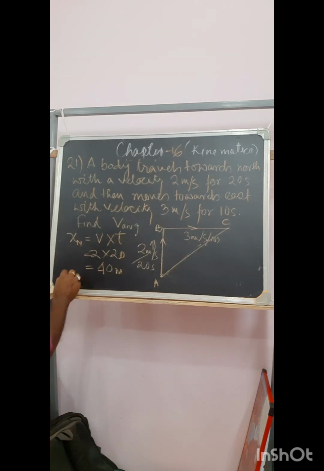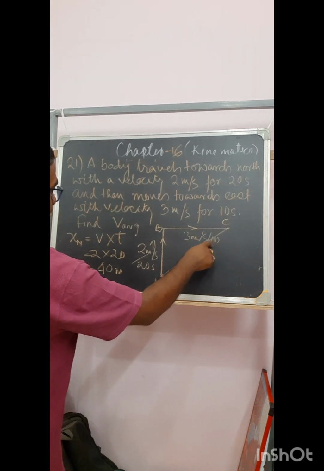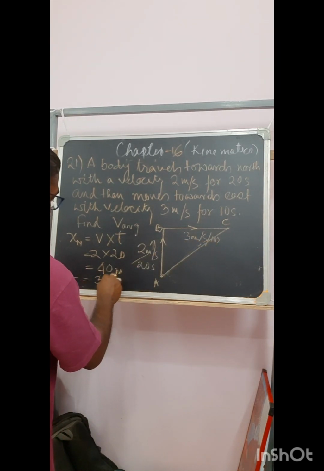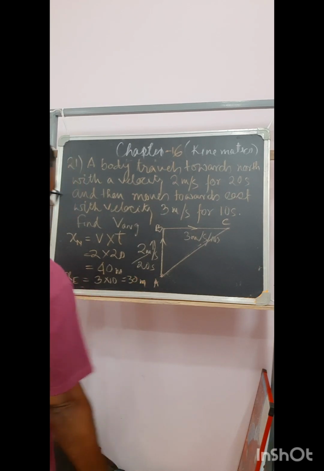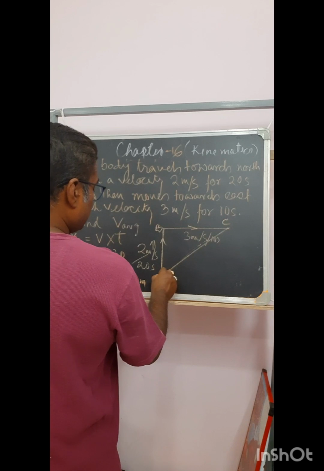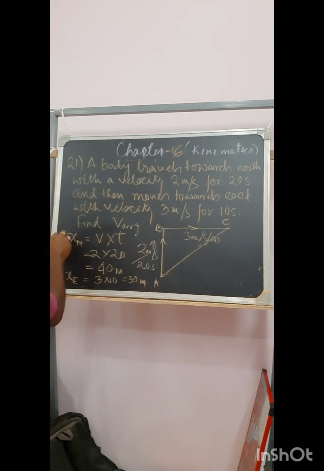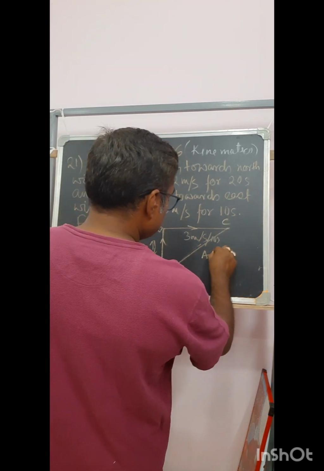And x east is equal to v into t, 3 into 10 seconds, that will give you 30 meter. So x north is AB and x east is BC. So what is your AC then? The shortest distance AC.